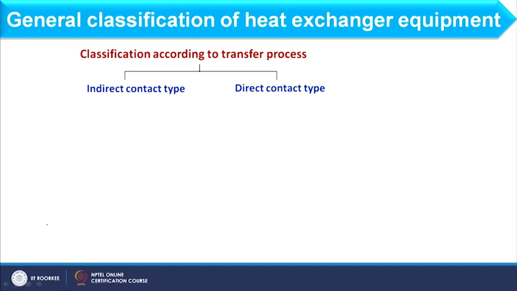So if you focus on this, when I am considering transfer processes, we have the indirect contact type and we have the direct contact type. Now what is the indirect contact type? We have also discussed that previously, that when I have a separating wall between two fluids, the heat transfer is basically indirect. Indirect means there is no mixing between the two fluids, no direct contact between the two fluids.